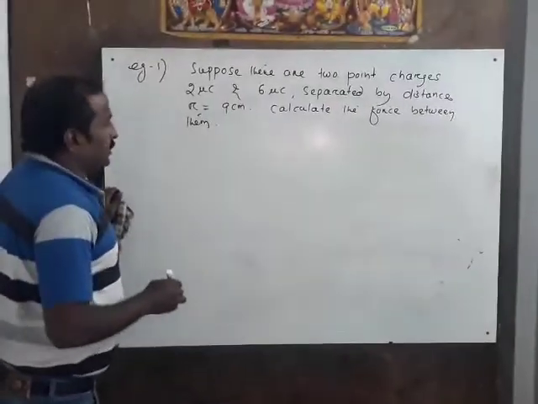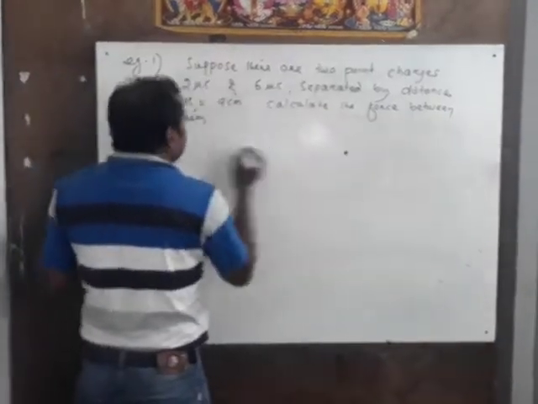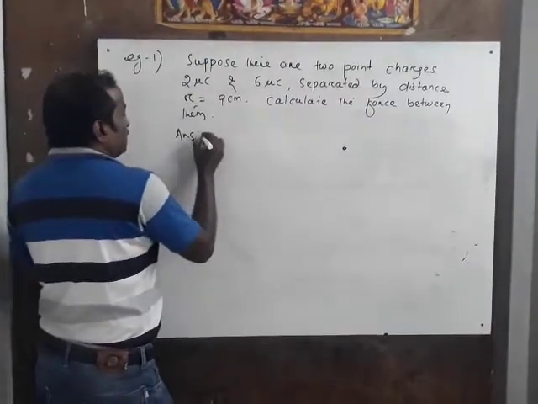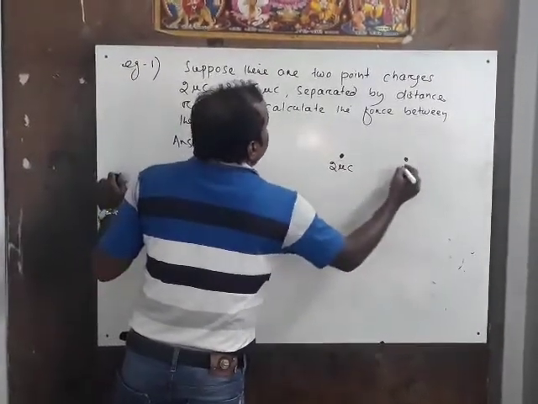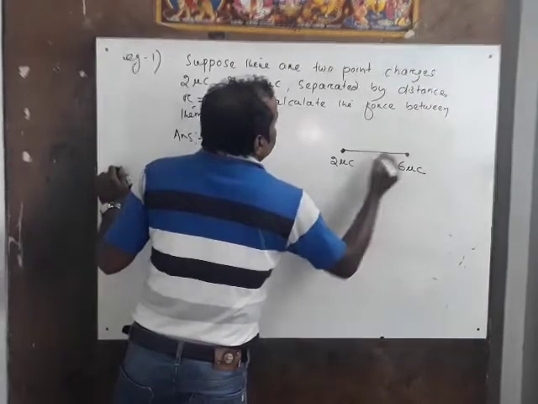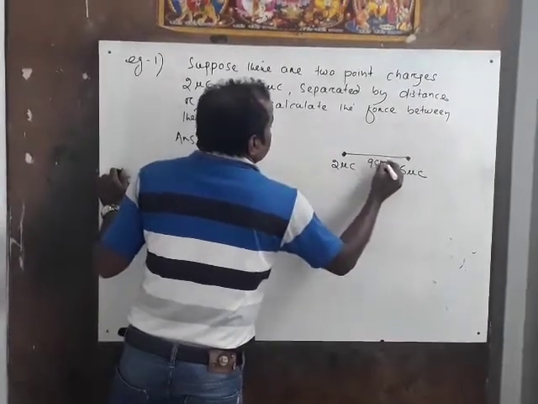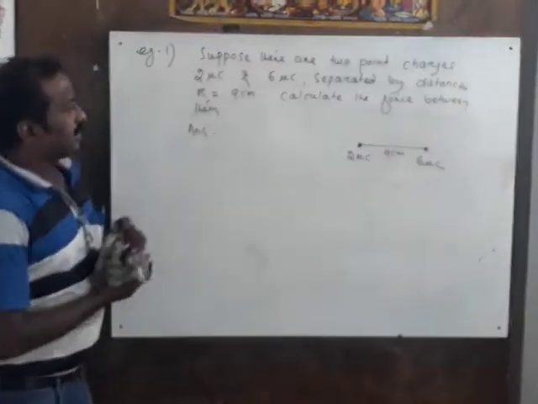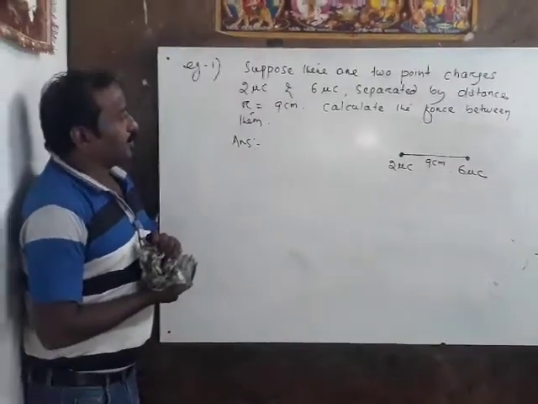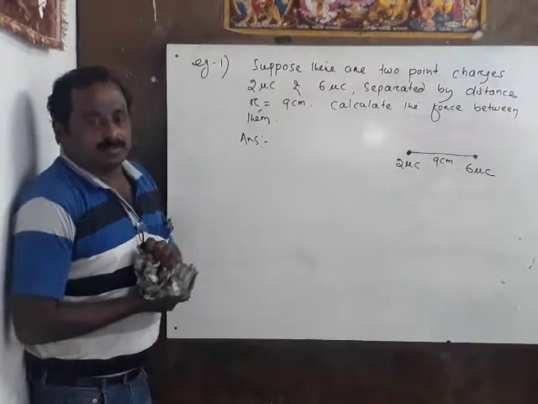So that means there are two point charges. Let's start the answer. Q1 is 2 microcoulomb, Q2 is 6 microcoulomb, and the distance goes like this. For point charges, the formula to calculate the force between them is Coulomb's law.